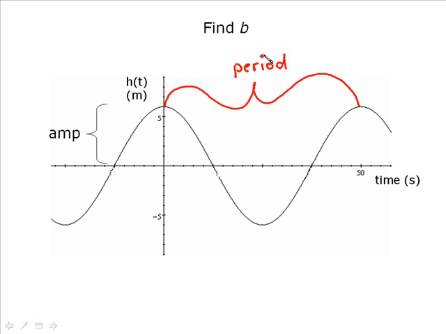We can see by inspection that the period is equal to 50 seconds. We need to include the seconds when we're dealing with the period, because the period in these applications refers to how long it takes to cycle. Don't just say 50, say 50 seconds.